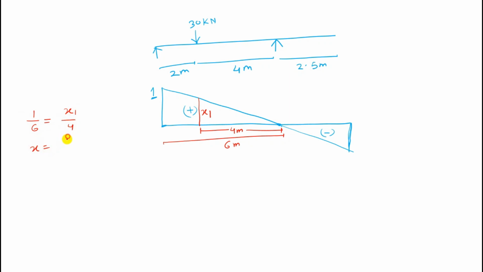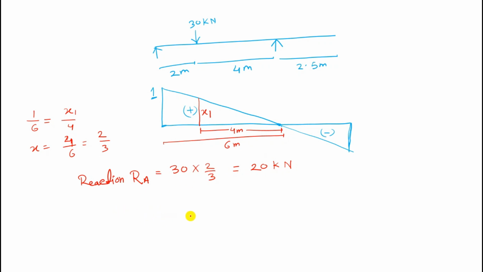So x1 equals 4 by 6, that is 2 by 3. So reaction RA will be 30 into 2 by 3. So 20 kilonewton will be the reaction RA.